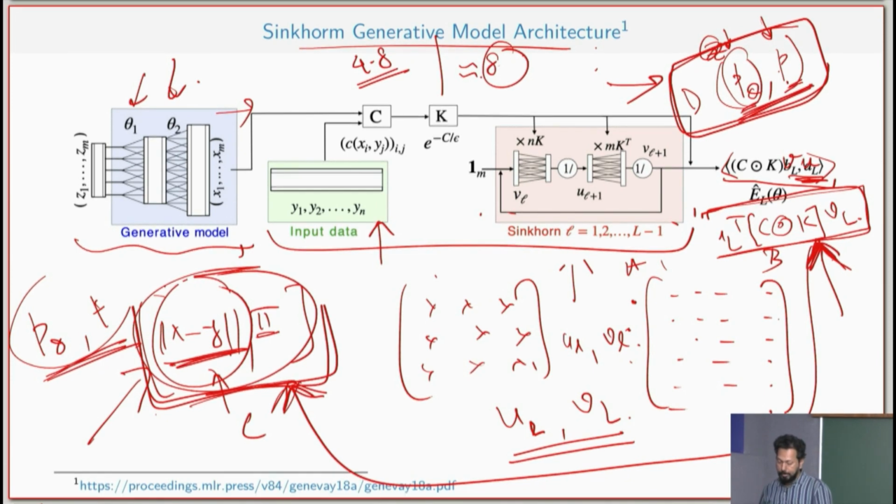Then there was this later development where we said there is a tractable way to compute the measure between the generated distribution and the real distribution. There is the Sinkhorn algorithm that could be used, but somehow the quality is still not up to the mark.